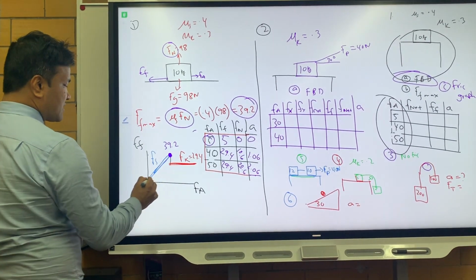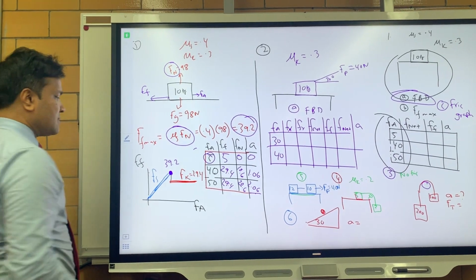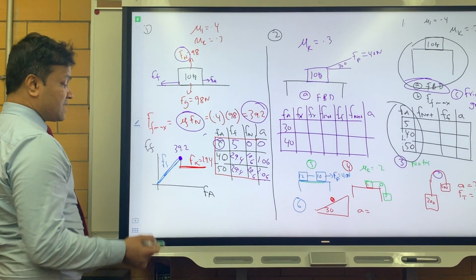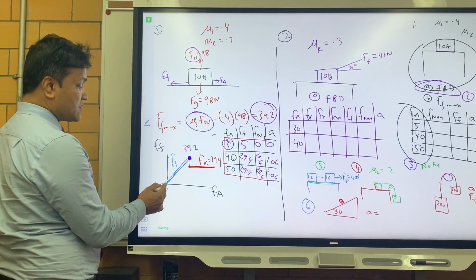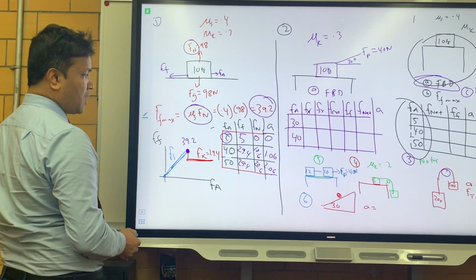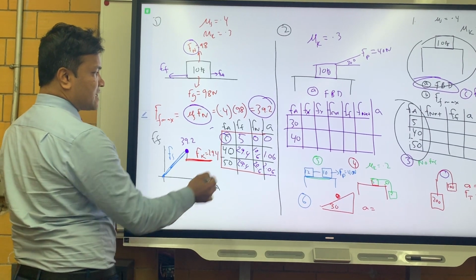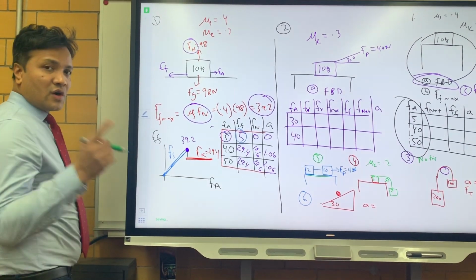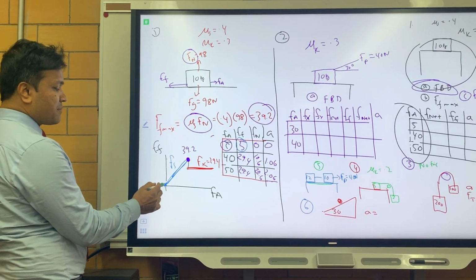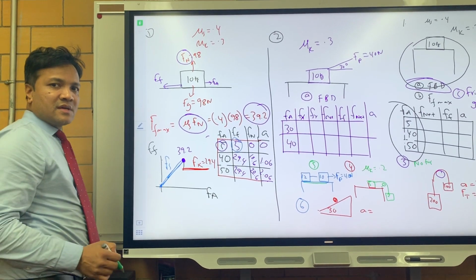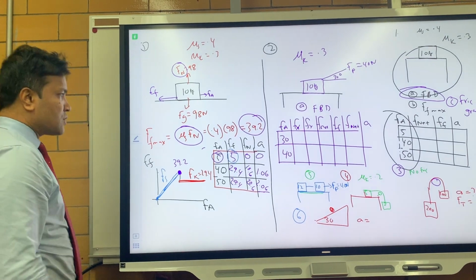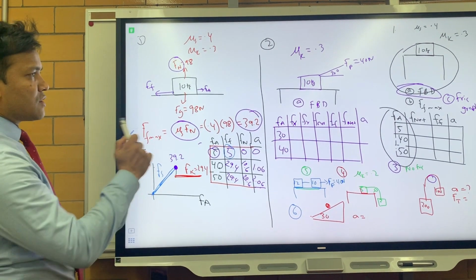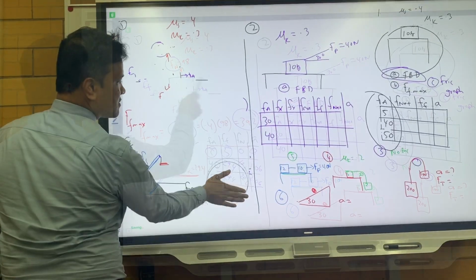So Fs can be different, right? If you apply zero force, then static friction is 0. If you apply, for example, 5 Newton, then static friction is 5. So static friction can be anything between 0 to 39.2. But kinetic friction has to be only 29.4. Okay, we are done with problem number 1. Now we're going to do problem number 2.